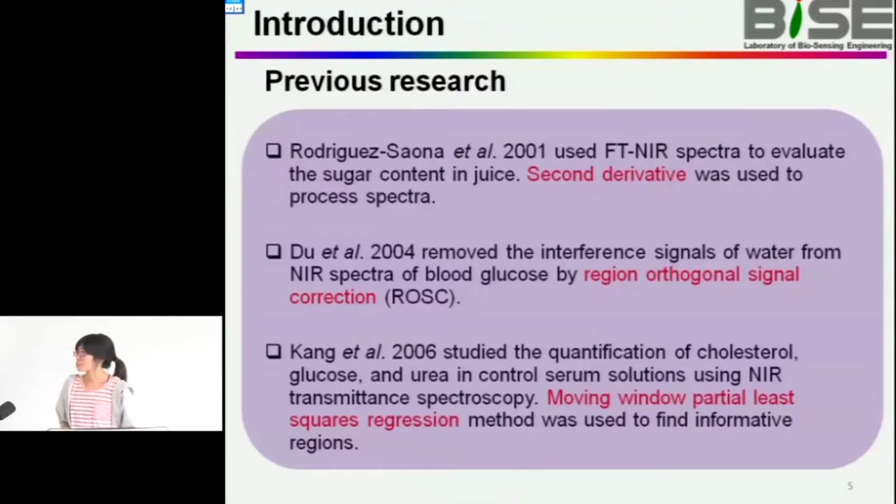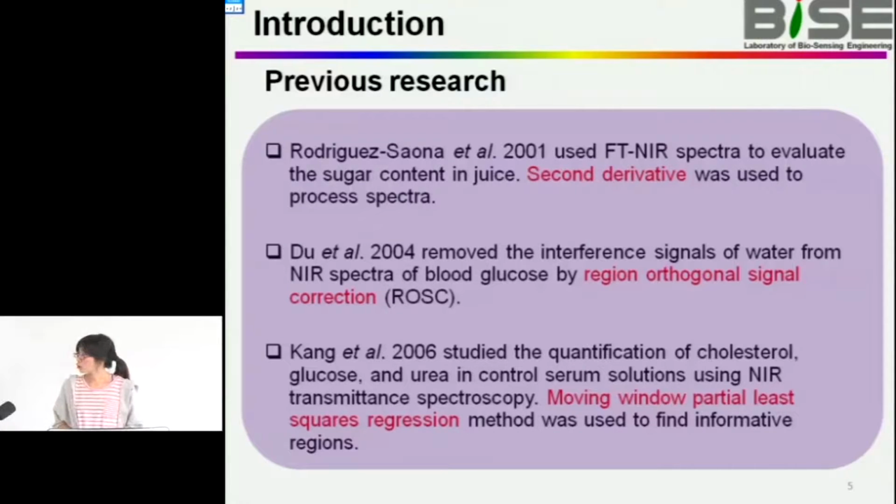In previous research, they usually used mathematical methods to remove the water interference. For example, the second derivative method was used to process spectra of juice, and the region signal correction method was used to remove the interference signal of water from NIR spectra of blood glucose.